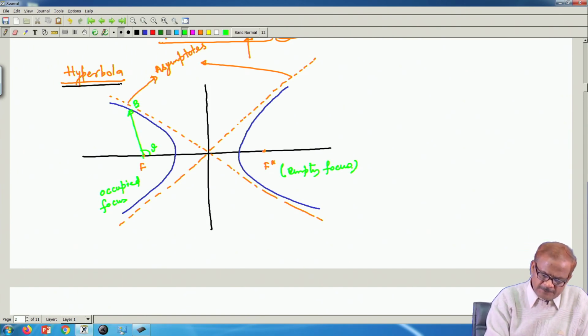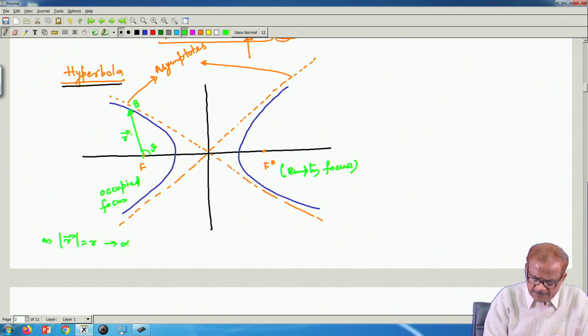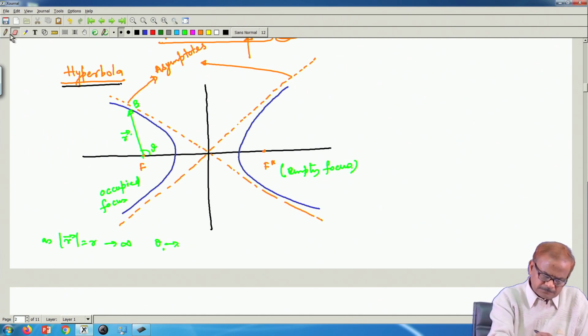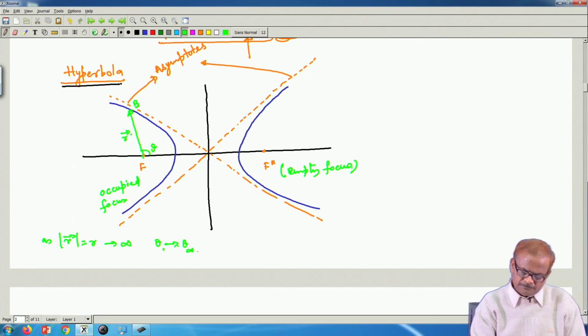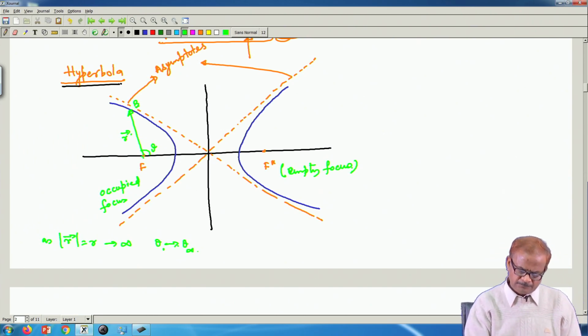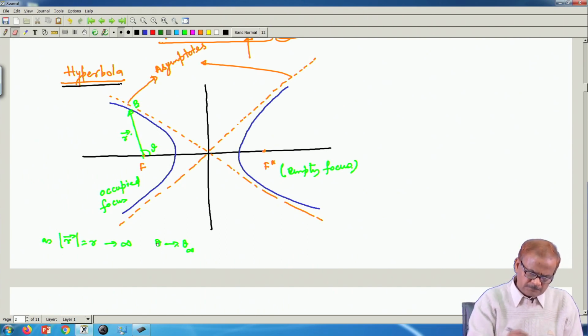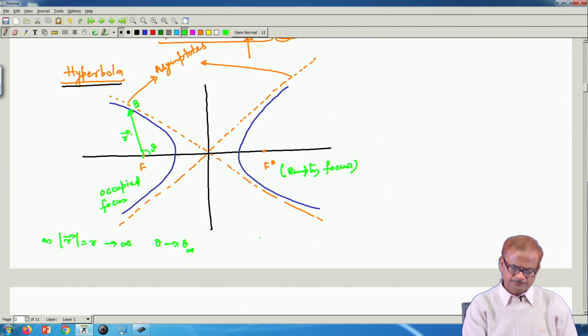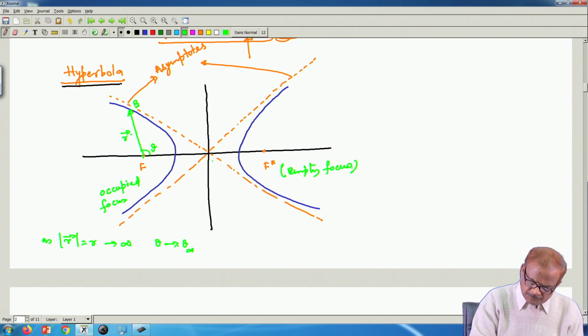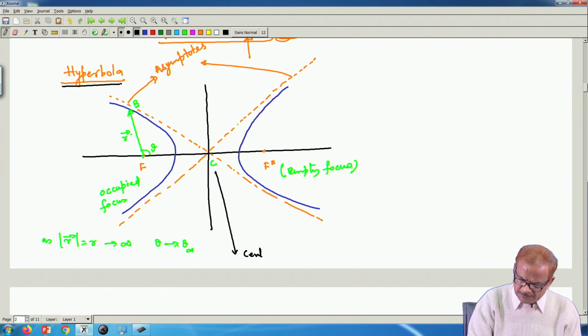As r tends to infinity, so this is your r, as magnitude r tends to infinity, theta will be designated as theta infinity. So, this point we write as C and this is your center.